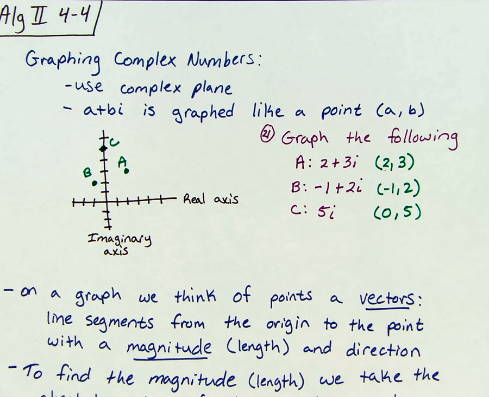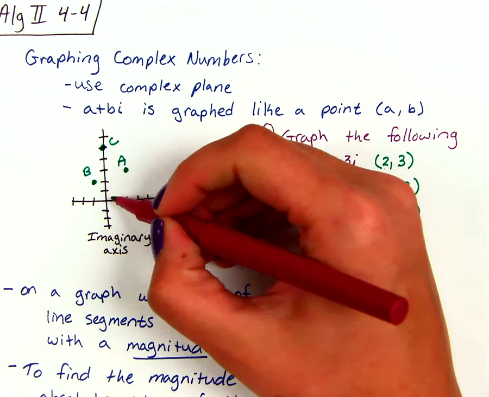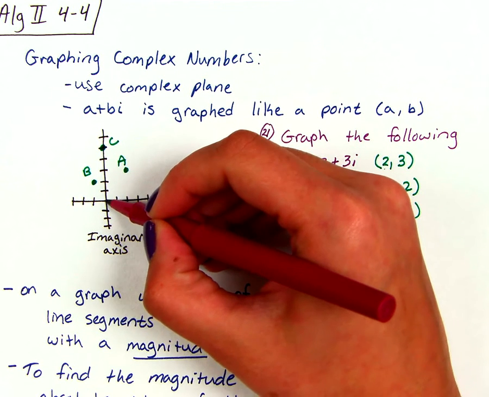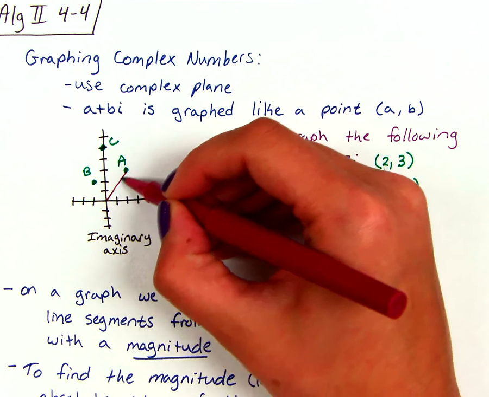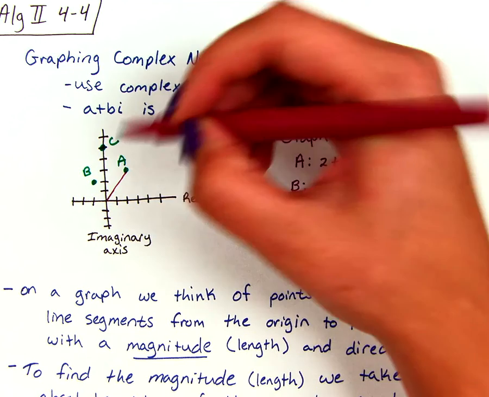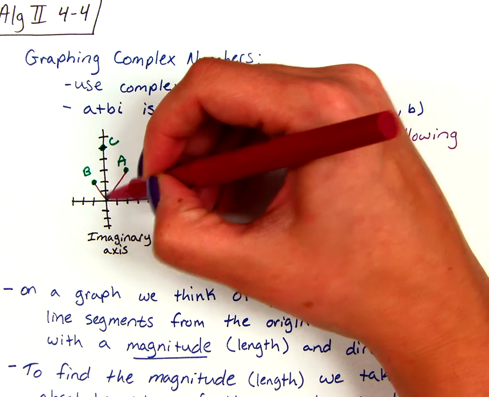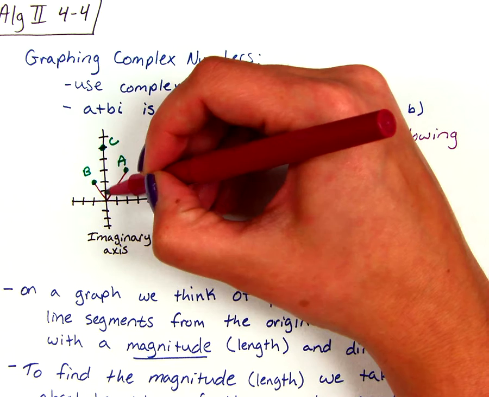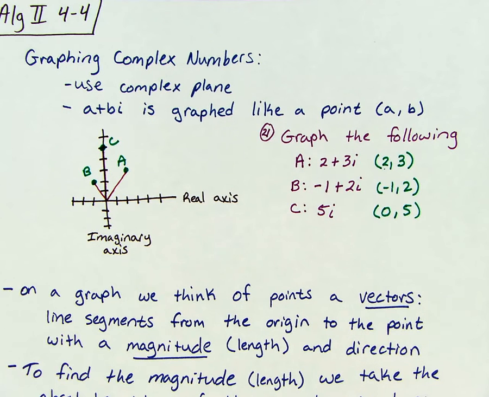Now on a graph, we are thinking of these points as something called a vector. And a vector is a line segment from the origin to the point. So as we're graphing those, we're really thinking of it as this point, connecting it back to the origin. So this right here, this is called my vector. So this is my vector here, and then up to C would be our other vector.